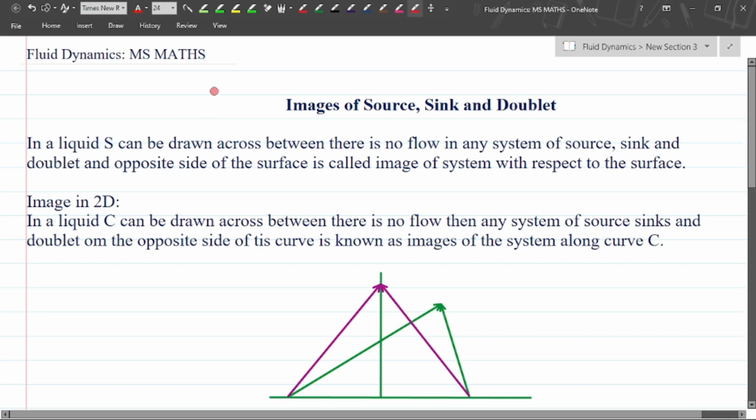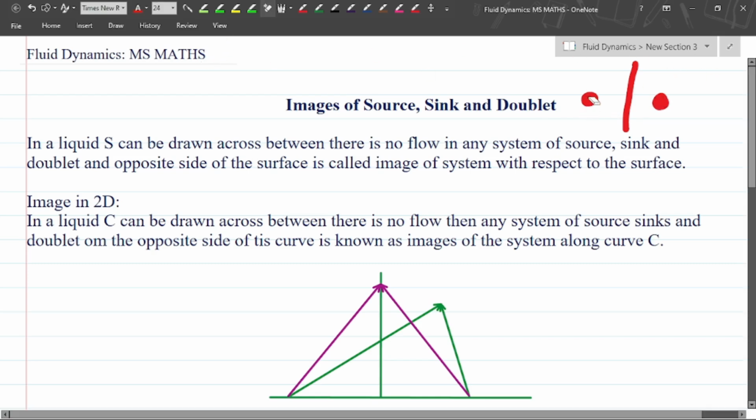Okay, so the image is basically this: if there is a streamline in the fluid and there is no flow across it, then if there is a sink or source or doublet on one side of the streamline, the same system on the opposite side of this surface is called the image of the source, sink or doublet.